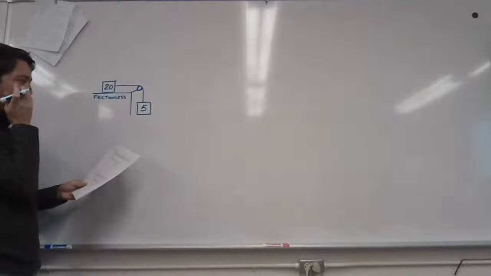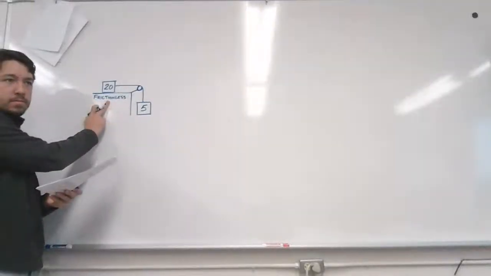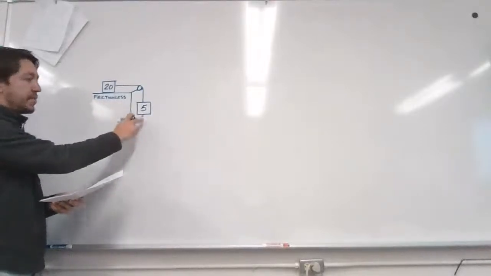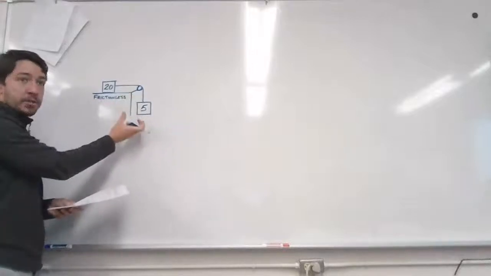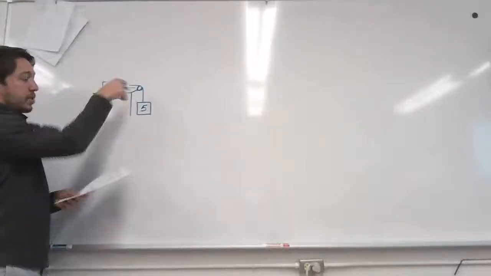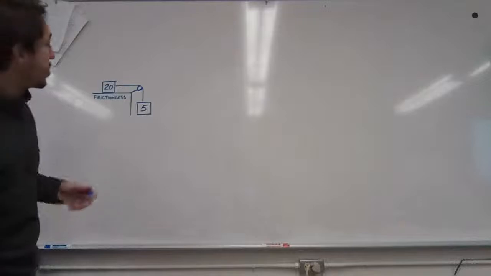So wait a second, if that's frictionless, can this thing ever be in static equilibrium? If this has some mass, no. Even if this was 0.1 kilograms, it's still going to exert some tension on the string and pull the block towards the edge of the table. So the question is asking, what's the acceleration of the system and what's the tension in the string?